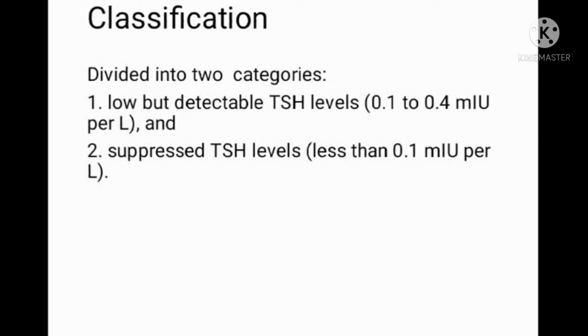When you see the classification system for subclinical hyperthyroidism, based on the thyroid stimulating hormone level, it is classified into two. Mild subclinical hyperthyroidism, when the TSH level is between 0.1 and 0.4 milli international unit per liter, and severe subclinical hyperthyroidism, or grade 2, when the TSH level is suppressed, that means less than 0.1 milli international unit per liter.